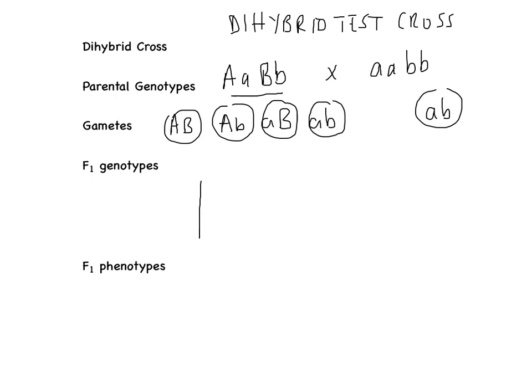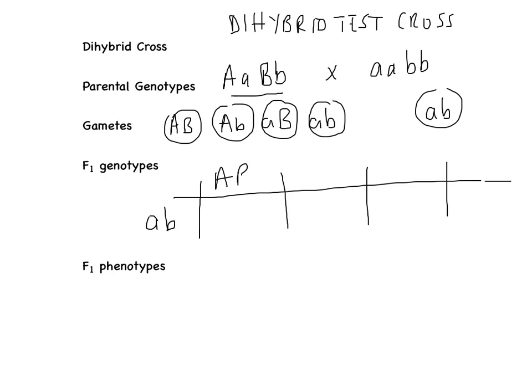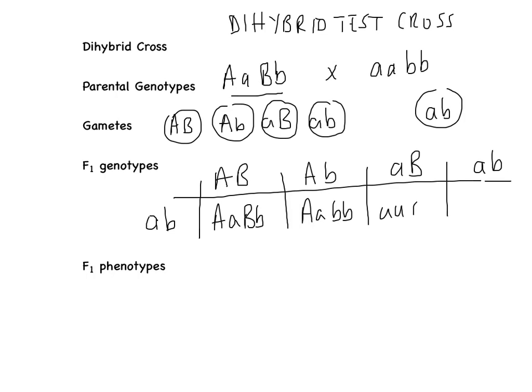So to make my Punnett square, it's going to be a 1/4 Punnett square. So I'll have my little a, little b in there. Then big A, big B, big A, little b, little a, big B, and little a, little b. So we're going to be big A, big B, little b, big A, little b, little b, little a, big B, little b, and little a, little b, little b.